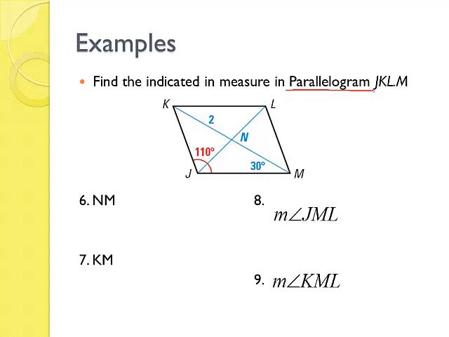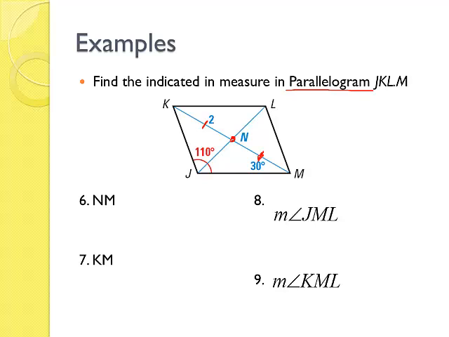What you could start doing is just start labeling all the things that you know, or you could just say, okay, well, number 6. What is number 6 asking? NM. We know NM is this segment right here. Remember, diagonals bisect each other, so what's the segment that is actually bisected? That means this is your congruent segment, because N is going to be the midpoint right here.